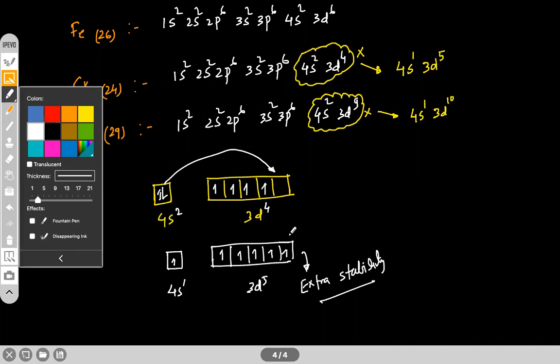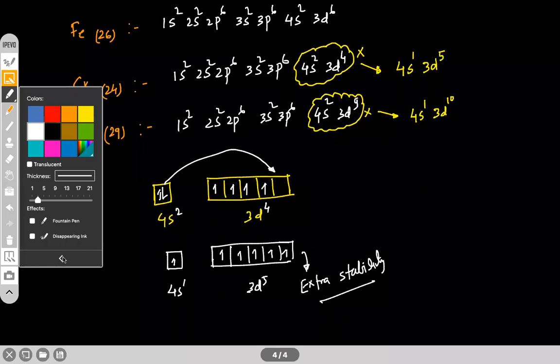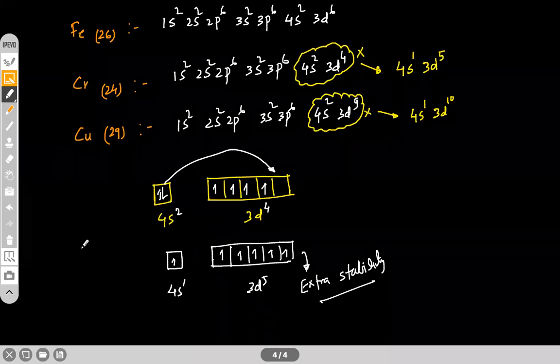What do you mean by this? I don't get you, Shraddha. What do you mean by 4s is more stable than 3d? No, 4s has lesser energy and 3d has little more energy than 4s.